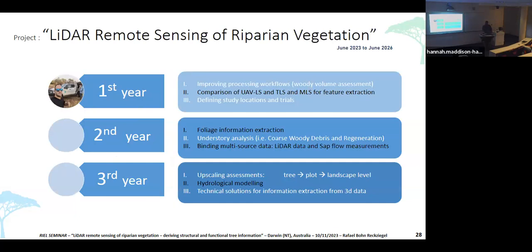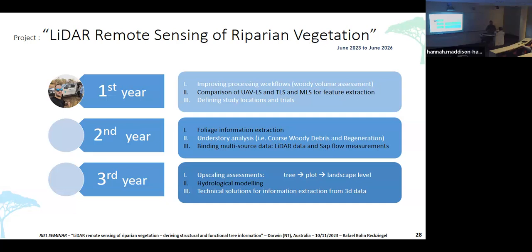For this first year, my efforts were towards using the different LiDAR sensors that we have at CSIRO, and we are now focusing a lot on drone LiDAR and terrestrial LiDAR for extracting tree information, and also defining the study locations.